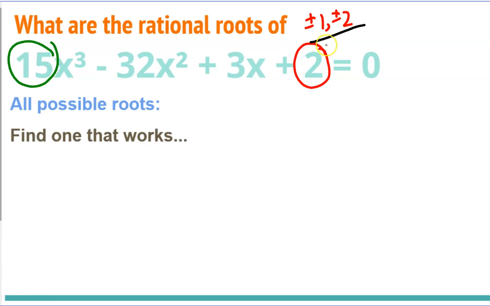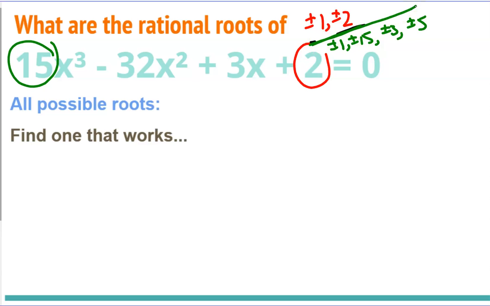So what can be divided into 15? Well, we have 1 and 15, and we have 3 and 5.